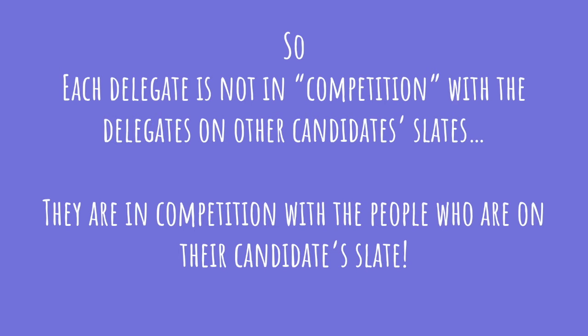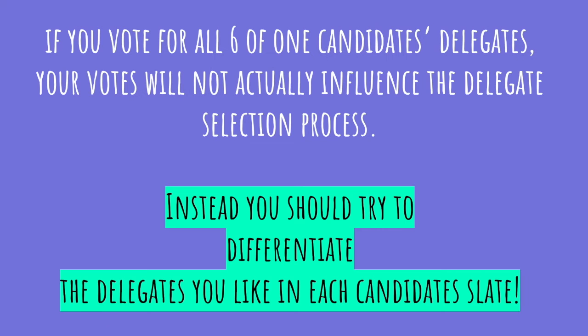Even if all of her people outscored all of Joe Biden's delegates, although that's an unlikely scenario, if that were to happen, it wouldn't matter, because in our scenario, Joe Biden earned the top 2 delegate spots. So if you vote for all 6 of one candidate's delegates, your vote will not actually influence the delegate selection process. Instead, you should try to differentiate the delegates you like in each candidate's slate.